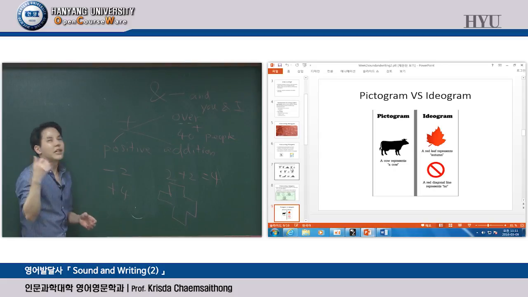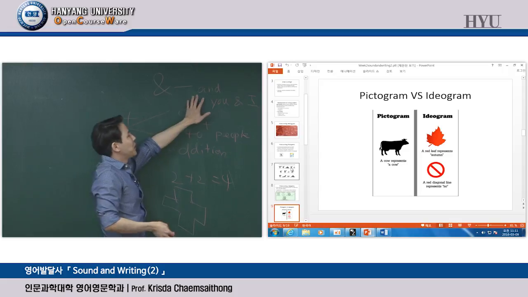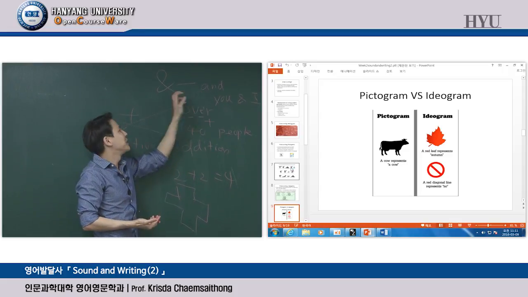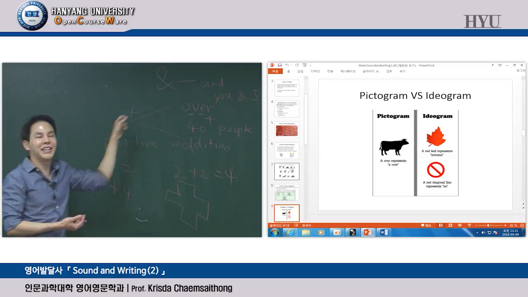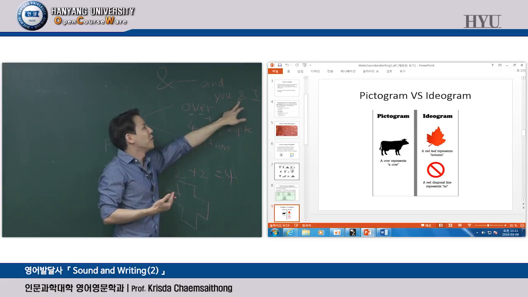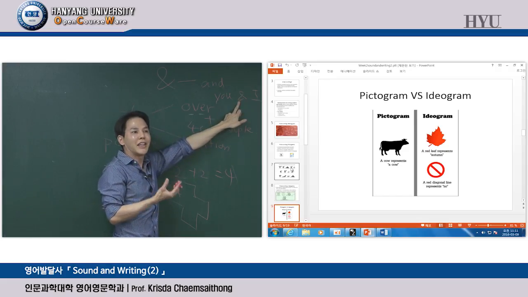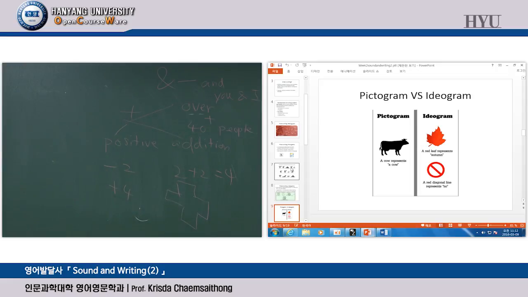It's an ideogram. But you don't say 'and' when you see this symbol in Korean. Maybe you say 하고, 이랑, 그리고. But whenever English-speaking people see this, we just say it like 'you and I', and so on, because 'and' is an English word.